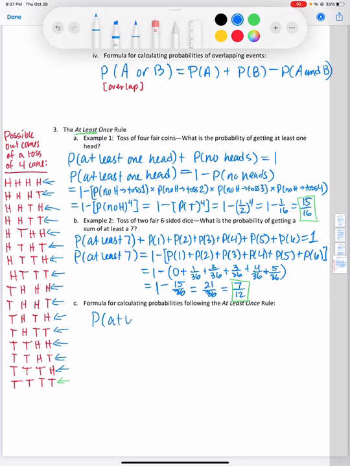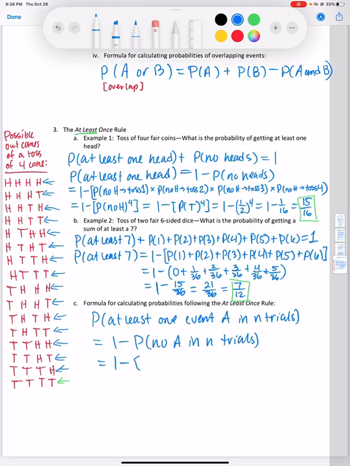The probability of at least one event A in n trials, like coin tosses for n trials, is equal to 1 minus the probability of no A in n trials, which is equal to 1 minus the probability of not A to the n power.